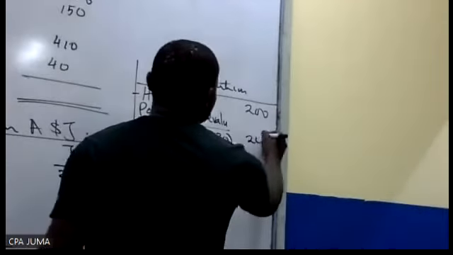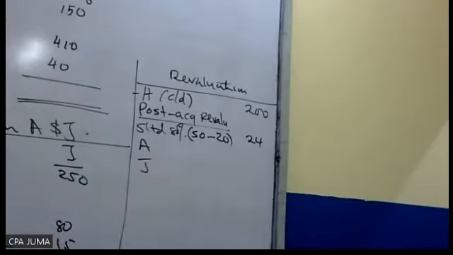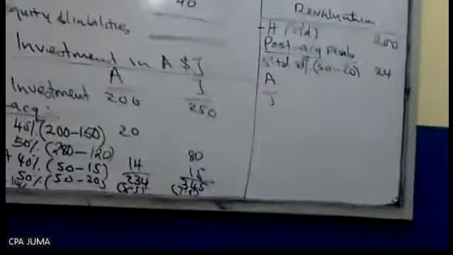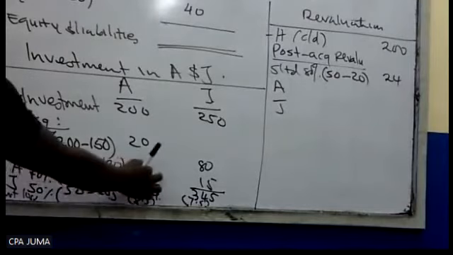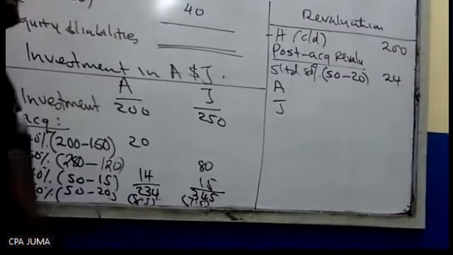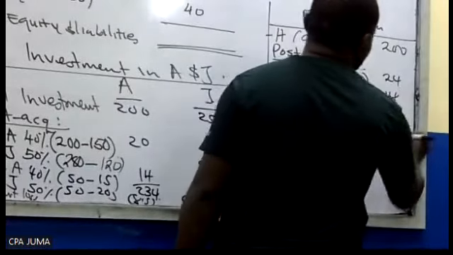Yes. So add 24. A, J, I'm not going to disturb myself with workings. We have just done them here. The post-acquisition revaluation, 14 and 15. For A, 14. For J, we got 15. So don't waste our time for no reason. 14, 15. We shall add the total.